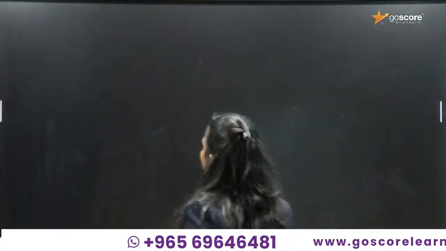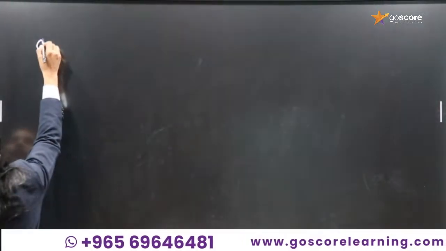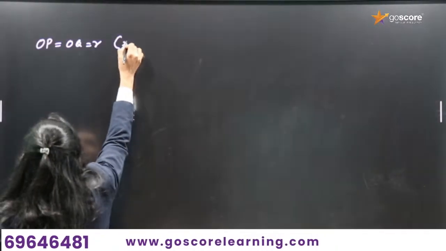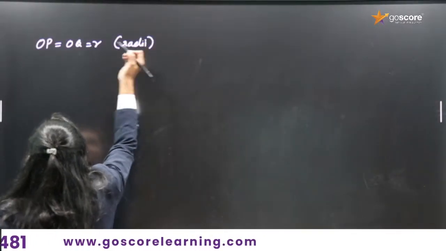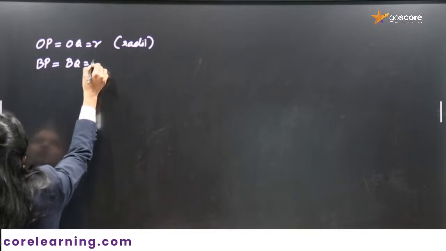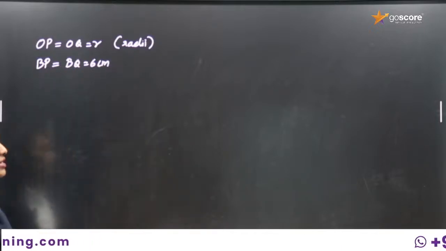Now, OP equal to OQ equal to R, both are radii. It is given in the question. And BP equal to BQ equal to 6 centimeter, it is given in the question.